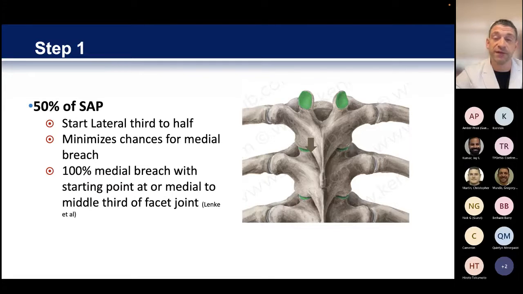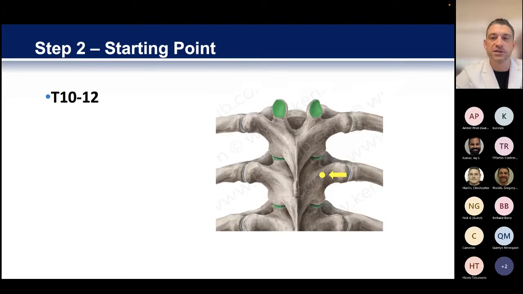So that's the big takeaway from why we want to know where the lateral SAP is and the medial SAP is, why you're exposing that lamina and you're exposing the pars. Because if you understand that alignment there and you always start lateral to the midline of that joint, you will have a much lower chance of having a medial breach.